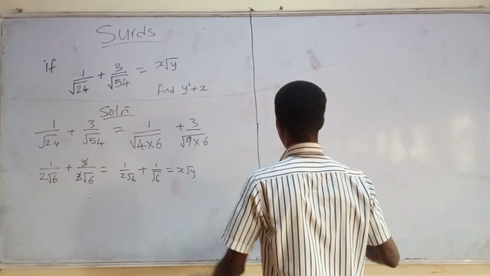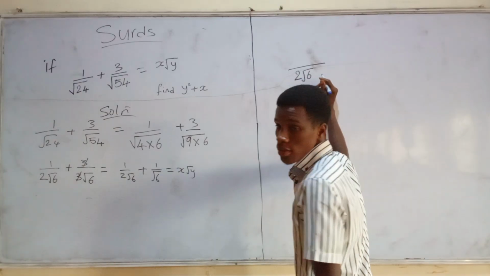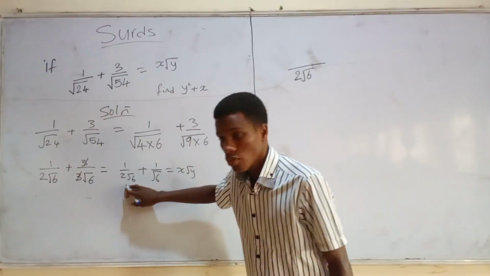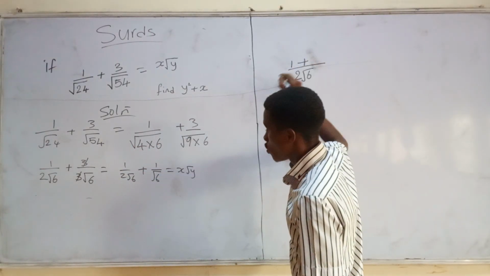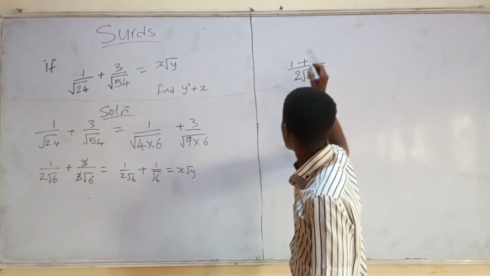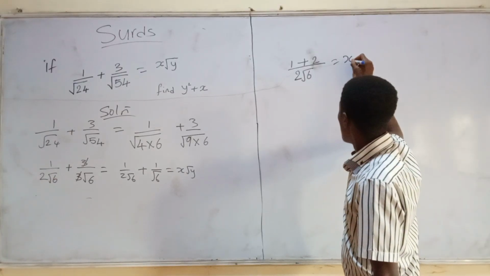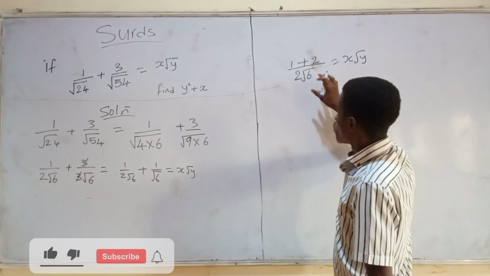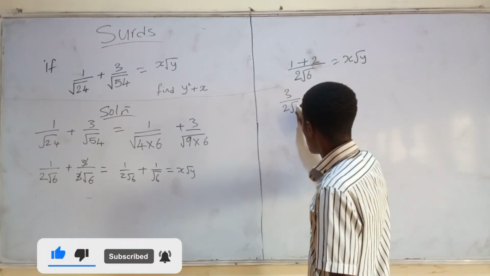When we take the LCM of this thing, what do we have? 2 root 6, right? Now 2 root 6 divided by 2 root 6 is what? 1 times 1 is what? 1 plus 2 root 6 divided by this one is what? 2 times 1 is what? We say that this thing is equal to what? No, x, let's just say x root y. Abi? So this thing will be what? 3 over 2 root 6.